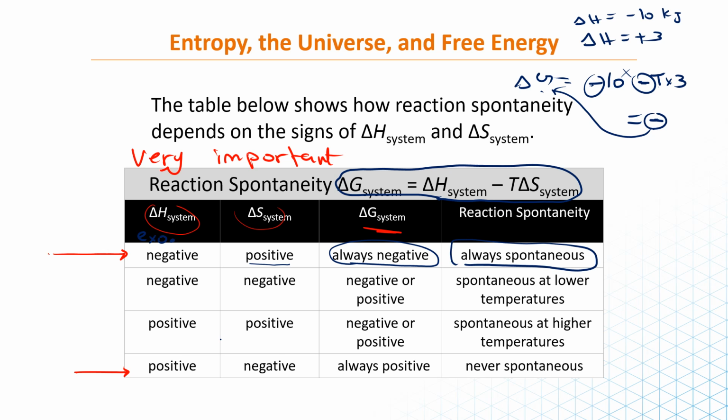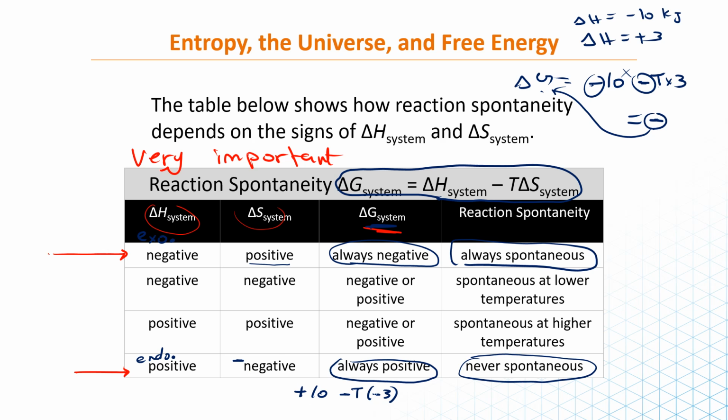Now, if the delta H is endothermic and the delta S is negative, the delta G will always be positive, and it's never spontaneous, non-spontaneous. Okay? So for example, plus 10 minus T times minus 3.